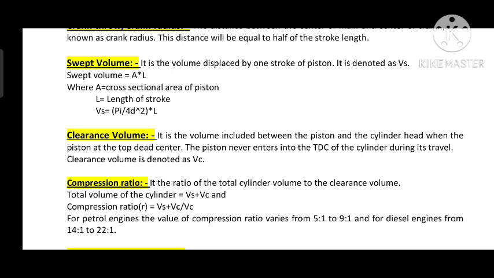Next is your compression ratio. It is the ratio of the total cylinder volume to the clearance volume. Total volume of the cylinder is equal to the sum of swept volume and clearance volume. Compression ratio is defined as the ratio of total volume to the clearance volume.